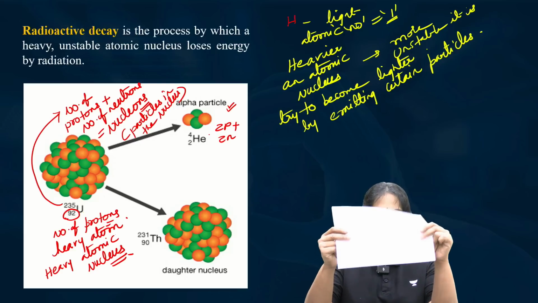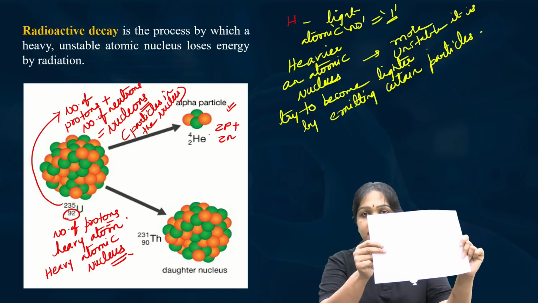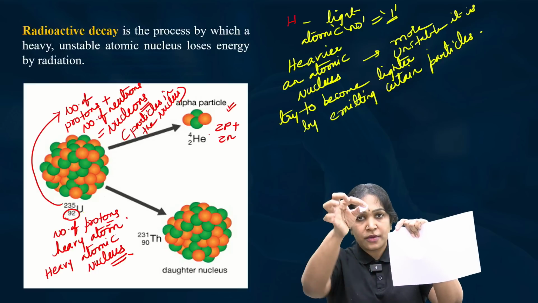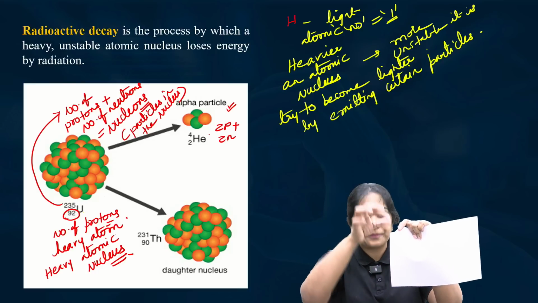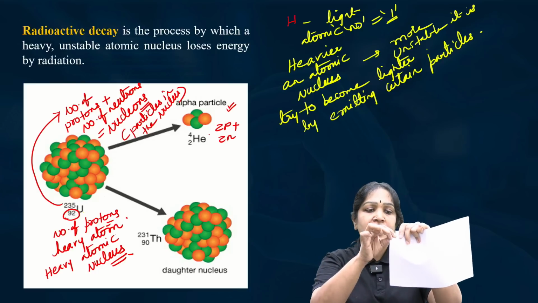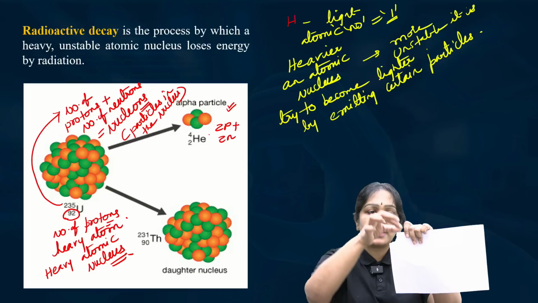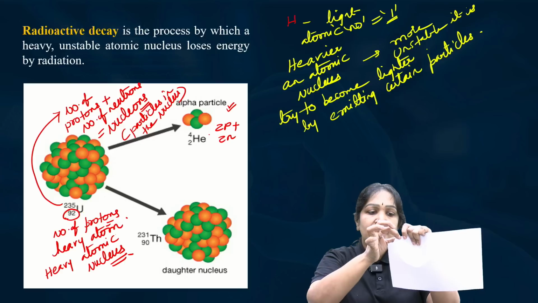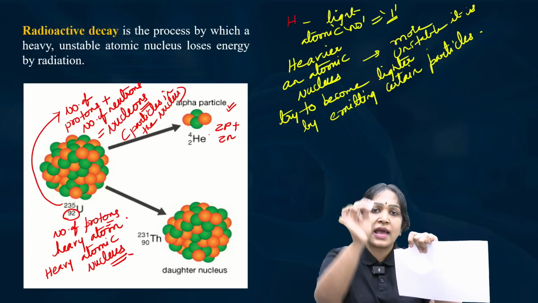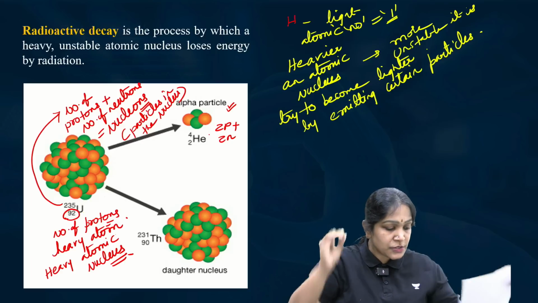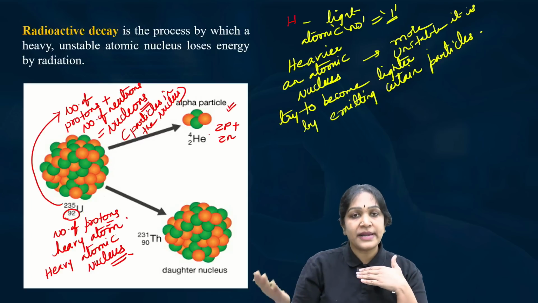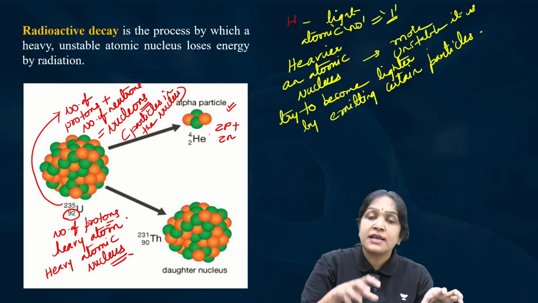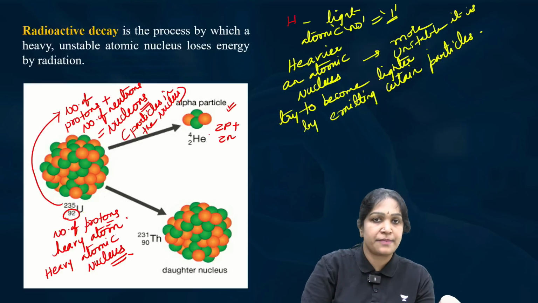Imagine this is uranium-235. This uranium-235 is getting rid of one alpha particle, again getting rid of another alpha particle, and again another, and one more alpha particle. So it will keep on emitting these alpha particles till it becomes lighter and more stable.